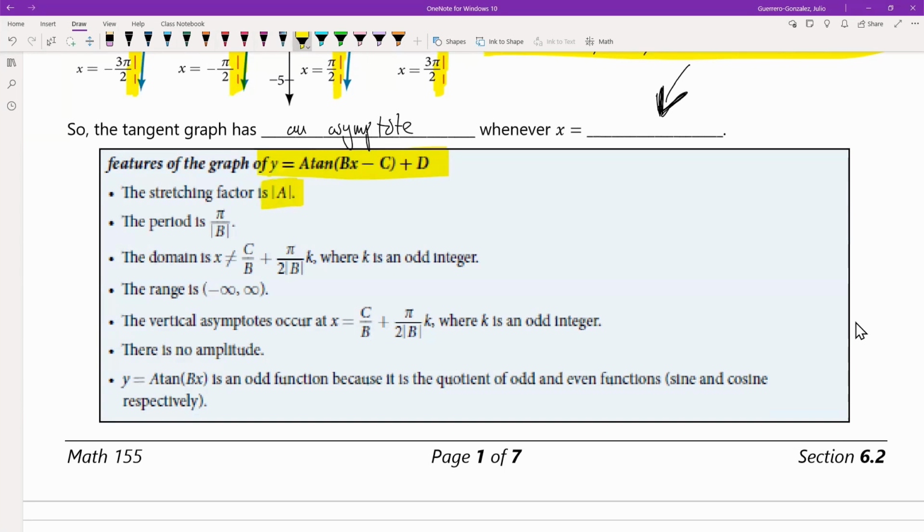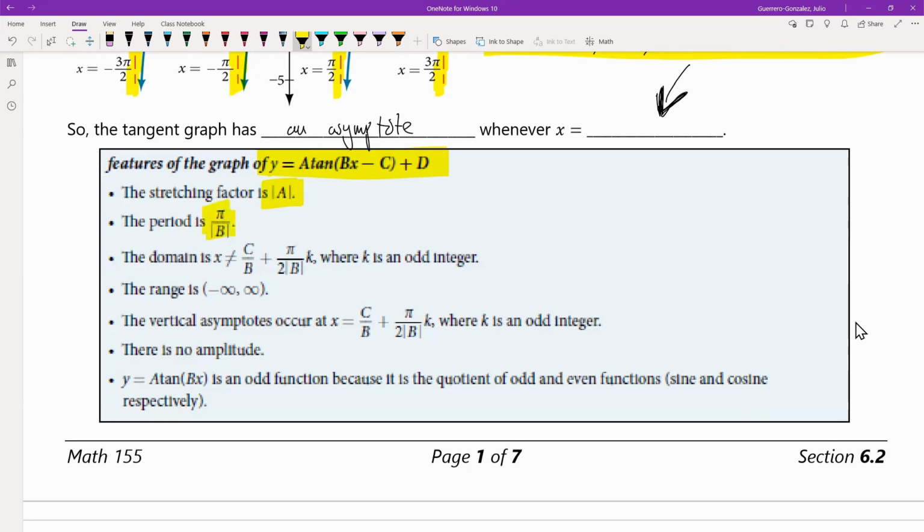The stretching factor, if you remember when we were talking about sine and cosine, that a value is your stretching factor or your amplitude. With tangent, it's not an amplitude, it's a stretching factor again. Go figure, but you know what it does.